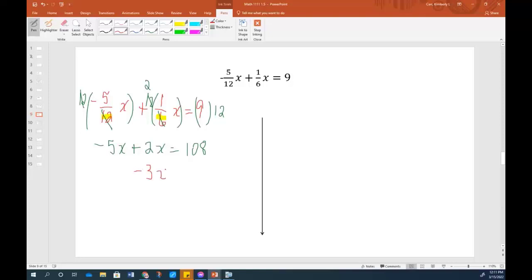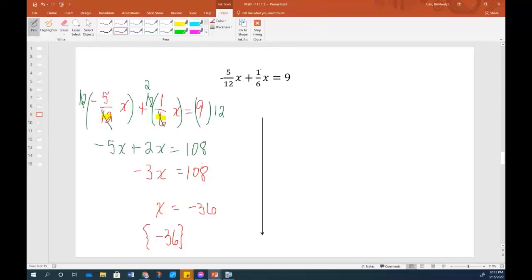So I have negative 3x by combining those like terms equals 108. So I'm going to divide both sides by negative 3. A positive divided by negative will be a negative. 3 will go into 10 3 times, 1 left over. So that'd be 18 divided by 3 is 6. So my solution here is negative 36.